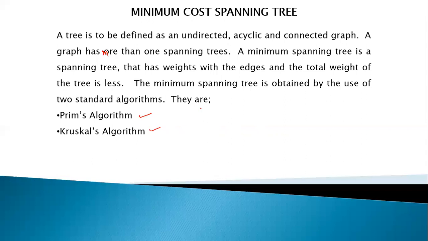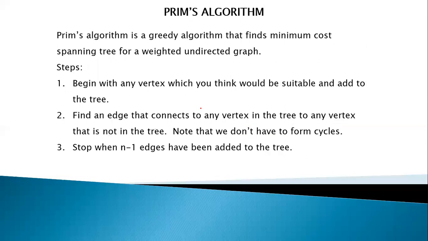First we will start with Prim's algorithm. These are the three steps. We will start with any vertex; there is no restriction for the starting point. Then among all the neighboring edges, connect the edge whose cost is minimum.